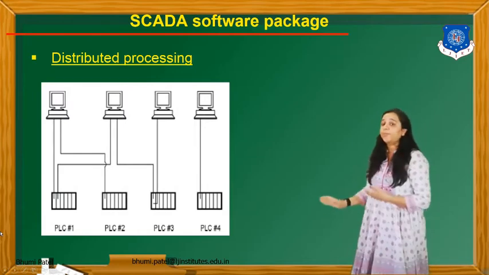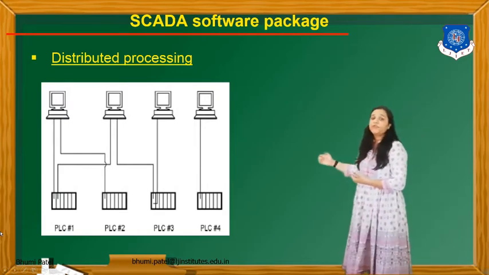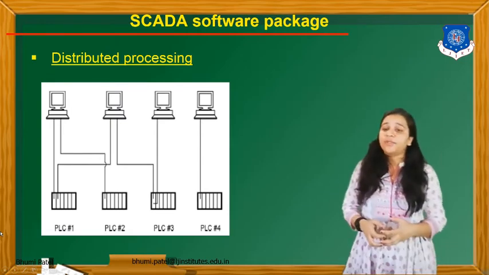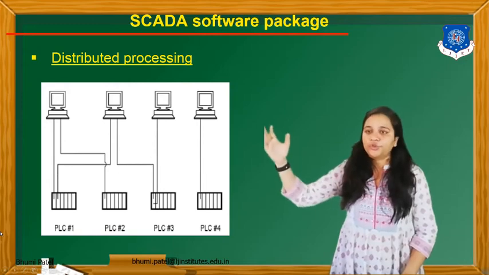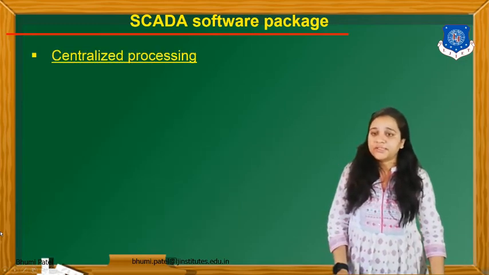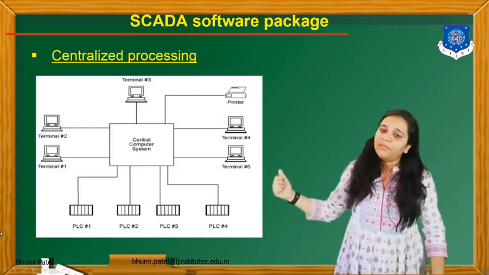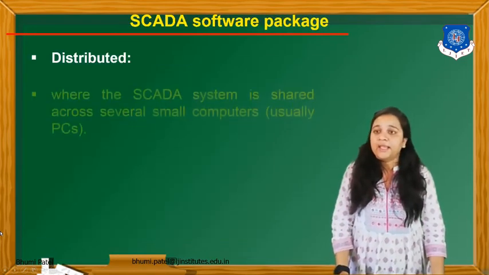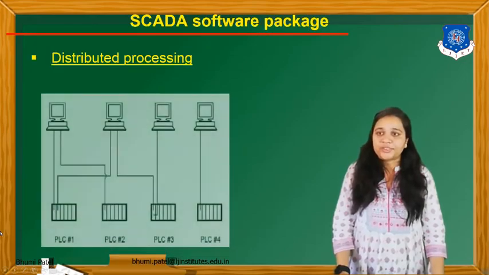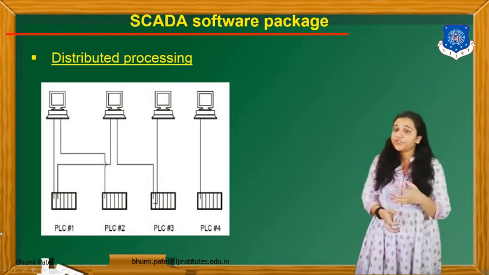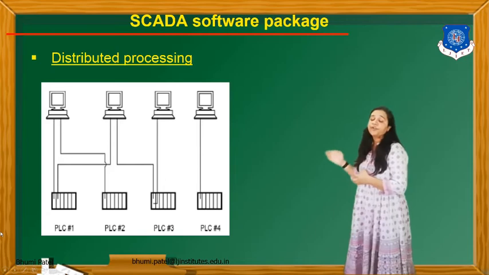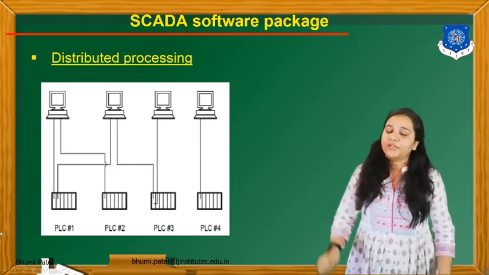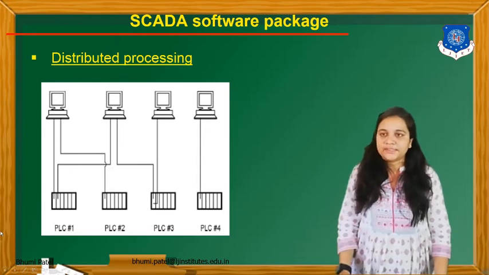Here the process is the same: we can connect four PLCs, PLC 1, 2, 3 and 4, but the connection of the PLCs will be distributed. In central processing, as you know, only one master system is connected to these four PLCs, whereas in distributed processing we distribute the work across different master computers. So here we use four master computers for the four PLC operations.